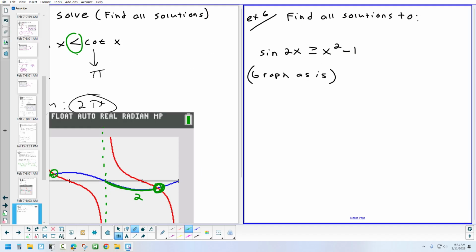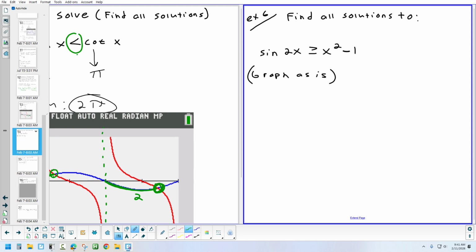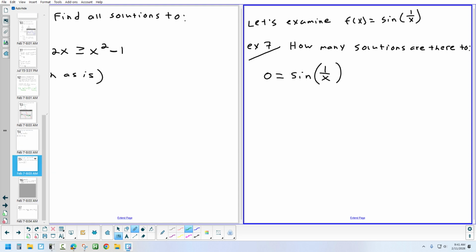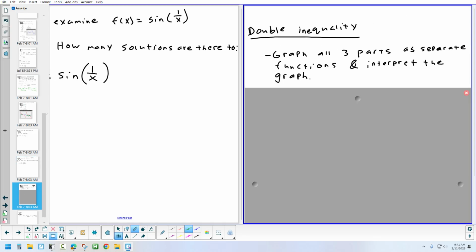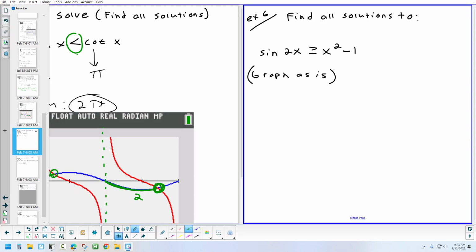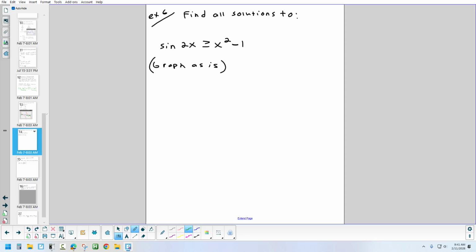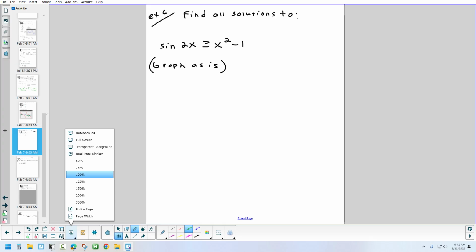Okay, let's look at this one. Let me just see what we have left. Okay, so 2 problems left. Let's do this one. And again, I'm going to leave it the way it is, just like I did in the last problem. Don't rearrange it to get 0 on one side.